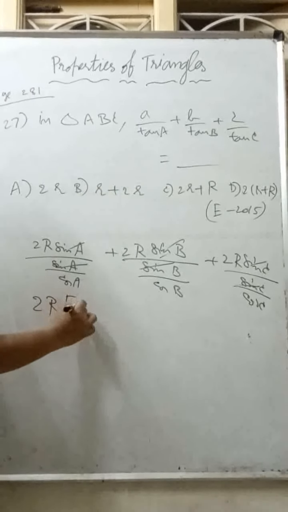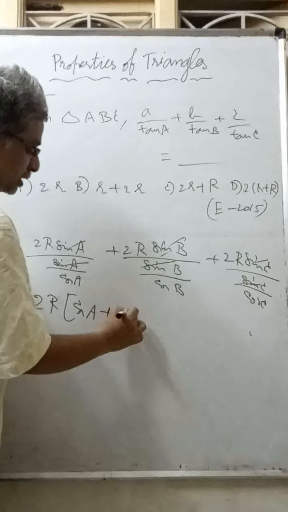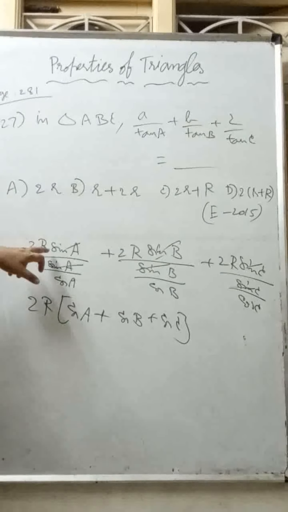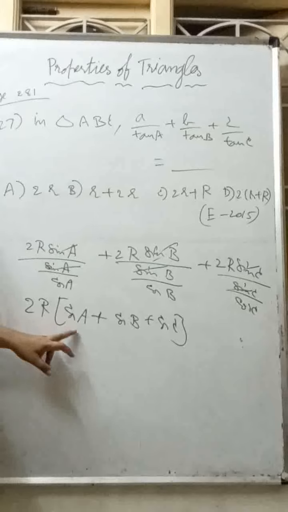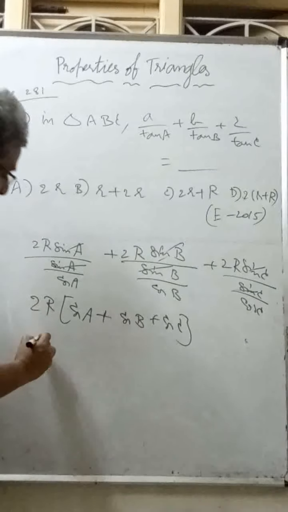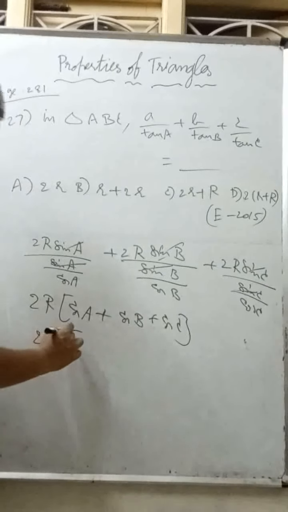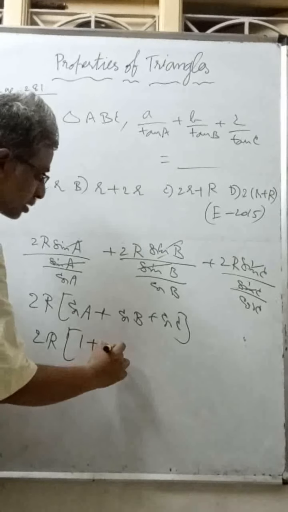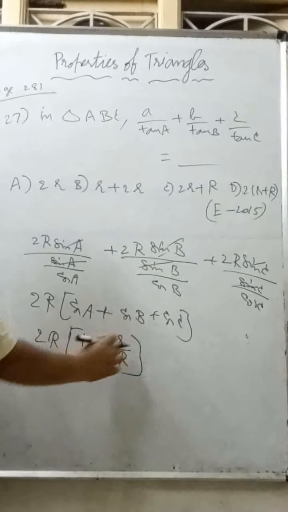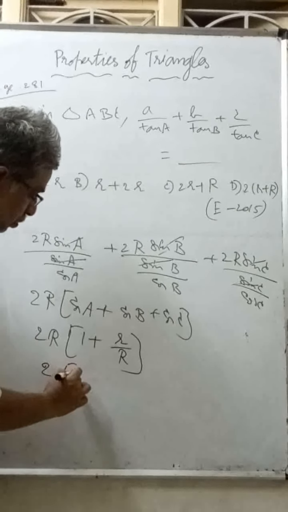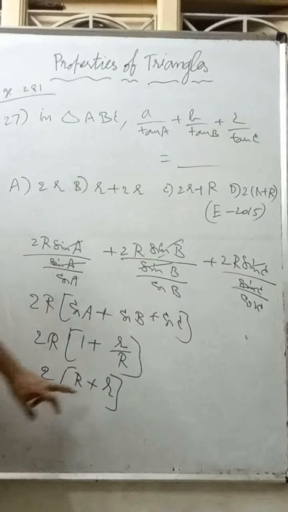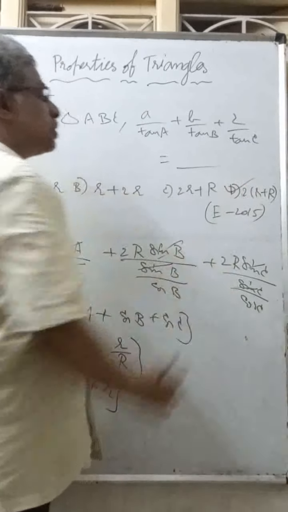If I take 2r common, this becomes cos A plus cos B plus cos C, because sin A by cos A puts cos A in the numerator. So we know the value of cos A plus cos B plus cos C. What is it? 1 plus r by R, 1 plus small r by capital R. Now if I bring capital R inside, it becomes 2 into R plus r, so capital R cancels. So our option is D, 2 into R plus r.